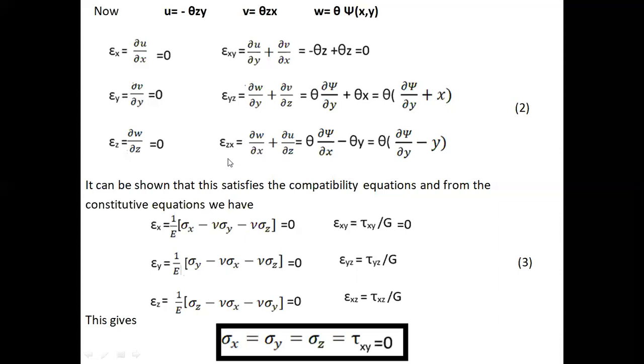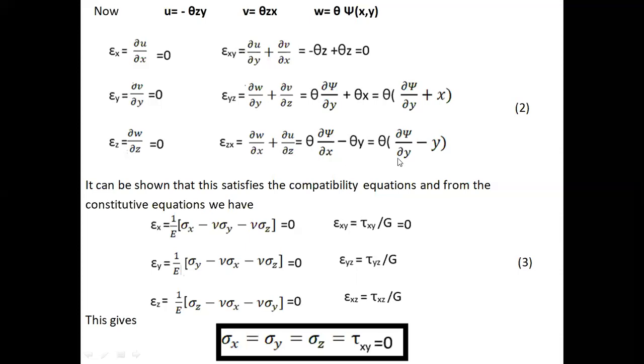Similarly, epsilon zx is del w by del x plus del u by del z. So what is del w by del x? It is simply theta del psi by del x. And then del u by del z, differentiating u with respect to z, will give you minus theta y, because z goes out.